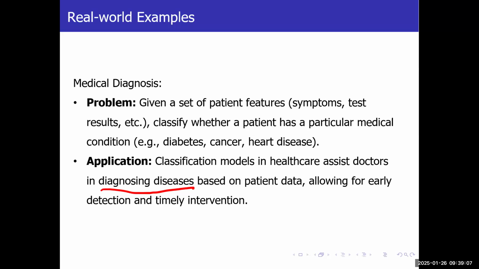And then after the algorithm makes a prediction, a real doctor has to confirm the result because you cannot rely on the machine alone, because the accuracy is not 100%. So there is room for error, and then you need to have an expert to actually double check the work of the model.